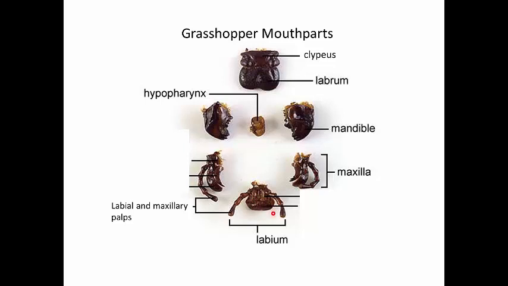These ligula work in pairs to make up the full labium. It makes up the base of the preoral cavity, or the mouth, and hanging off each ligula is a labial palp. These labial palps have the same type of sensory functions that the maxillary palps have.